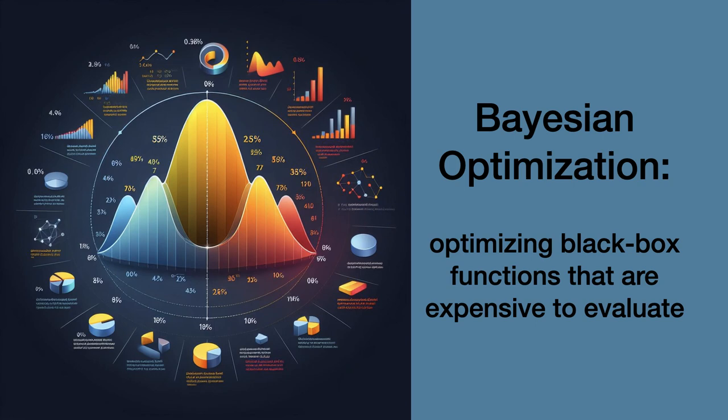For example, in grid search, we define a grid of possible values for each hyperparameter and evaluate all combinations. This approach can be time-consuming and inefficient because it does not take into account the performance of past evaluations. Each evaluation is independent of the others.